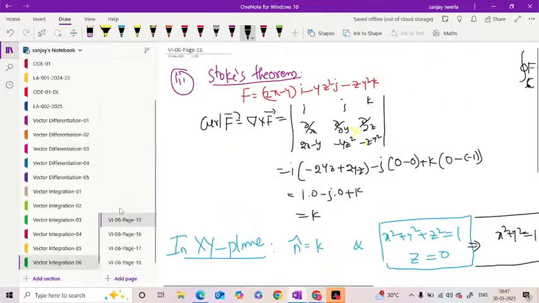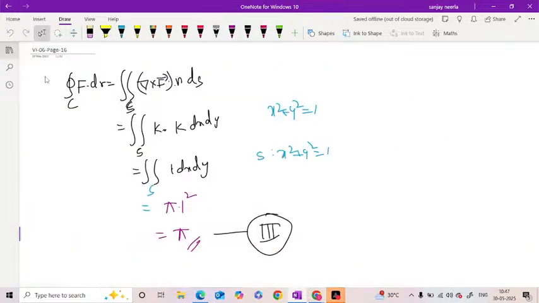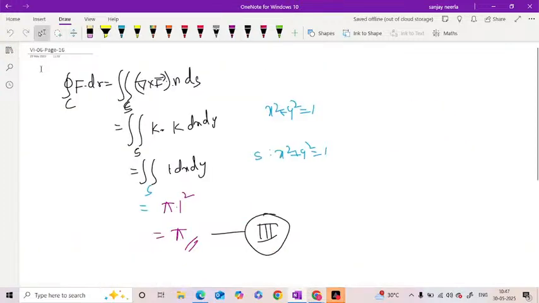After applying Stokes theorem, line integral is equal to surface integral, and del cross F is k, the unit normal vector is k, and in the xy plane it is dx dy. So we get the surface integral, that means the double integral of 1 dx dy on x square plus y square equal to 1.